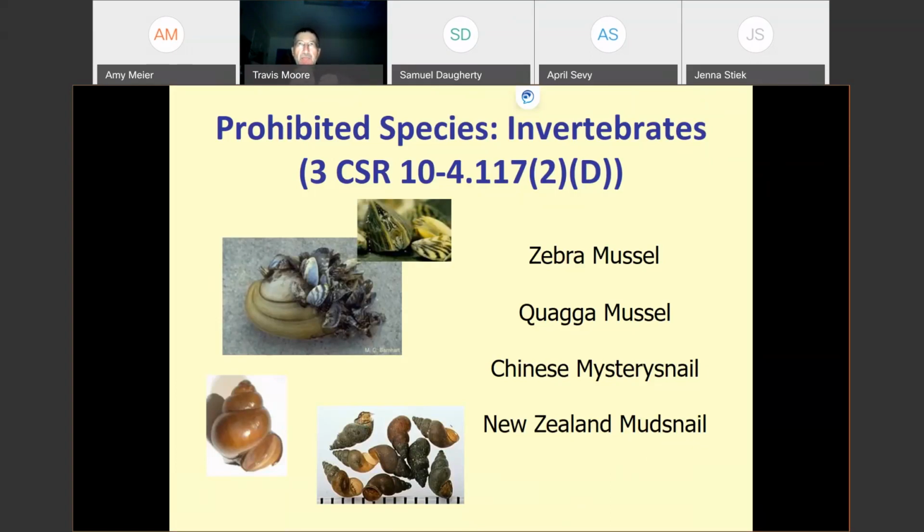If you're out there wading around in a stream and you get mud and some of the sediment stuck to your boots, and you don't clean that off, you don't treat those before you go to another system, you have the risk of introducing at least some juveniles or maybe even some adults into those other systems. So always make sure that you clean up your gear.